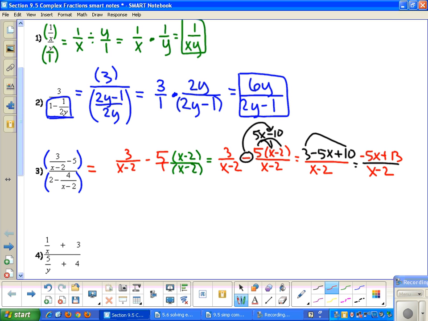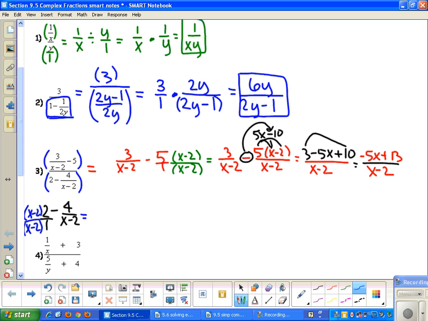Now I need to do the denominator part. For my denominator, I'm going to do the same thing. If I look here, I have 2 minus 4 over x minus 2. 2 is really over 1, so I need the common denominator, which would be x minus 2. That means that I'm going to multiply this by x minus 2 over x minus 2, because multiplying by 1 doesn't change your equation.